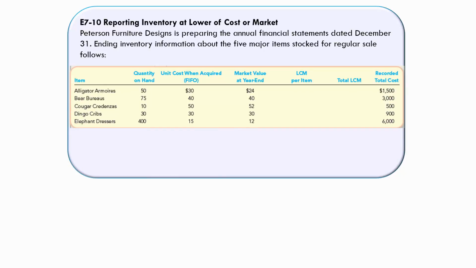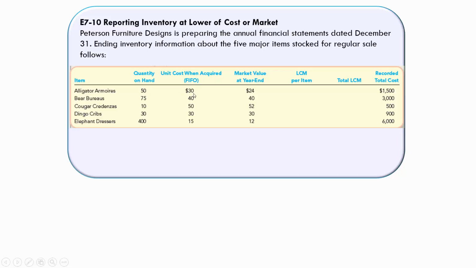Lower of cost or market. Under lower of cost or market, we know that the value that they have recorded in their balance sheet before they do this final step is going to be 50 times cost, and they've calculated their unit cost using FIFO, which is appropriate.